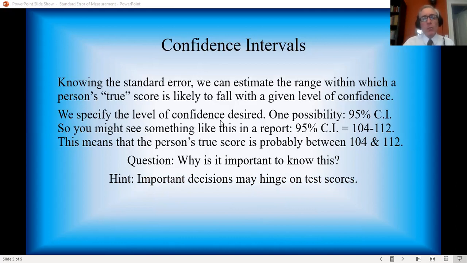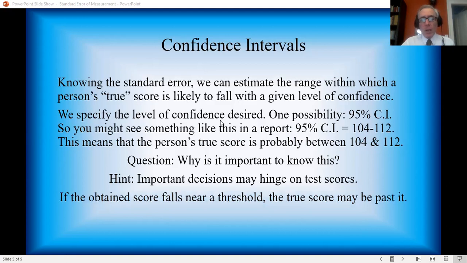But that's not true if you're conducting an assessment of one person as part of a decision-making process. Will this person be eligible for services is a really important example here. And it might be that unless your score crosses a certain threshold, you're not going to be eligible for services. So what about the case where the score you get is really close?